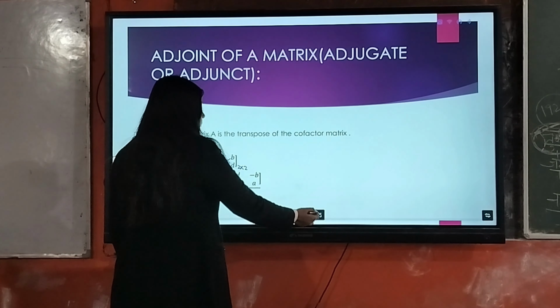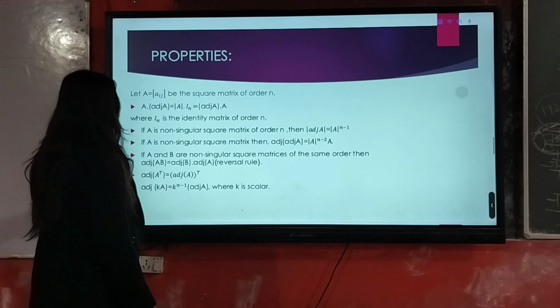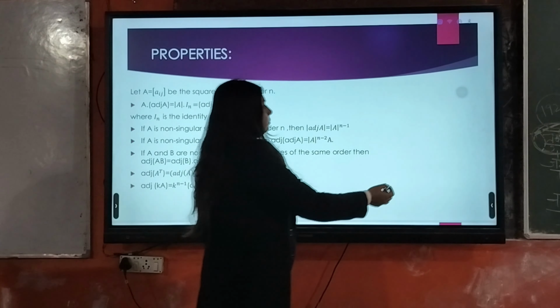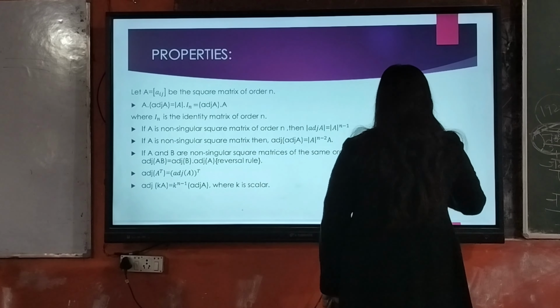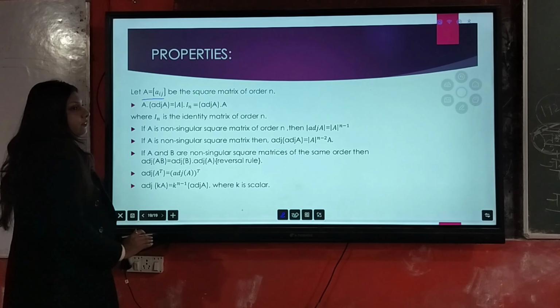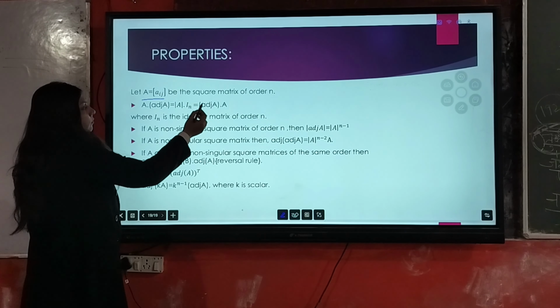Now, here are some very important properties of adjoint matrices. Here we are taking a general matrix A of order n.